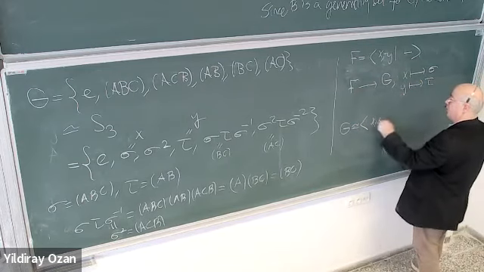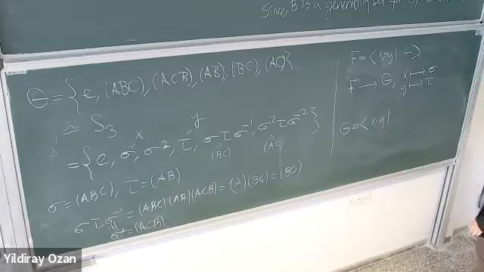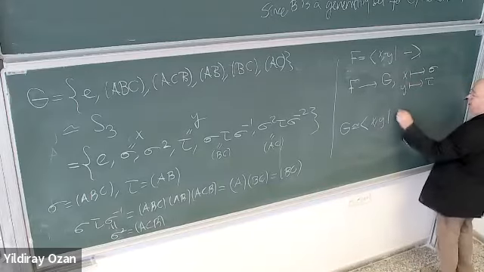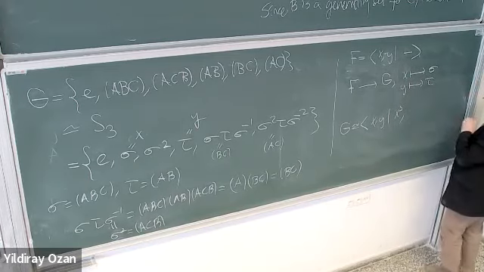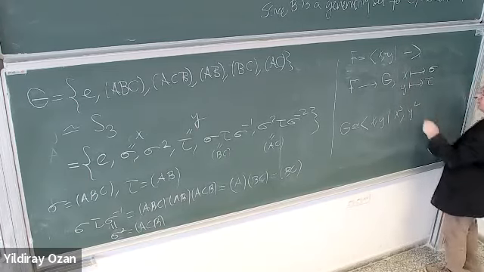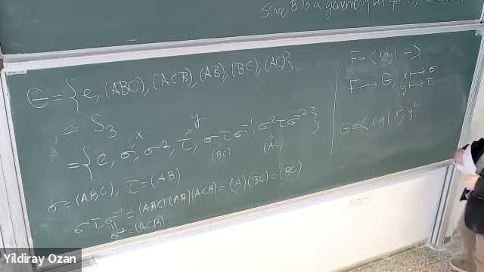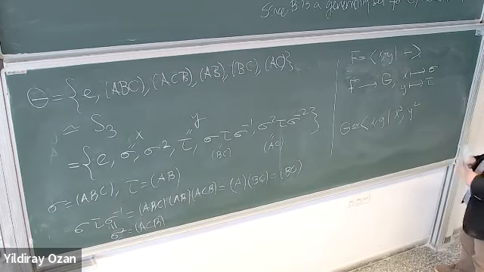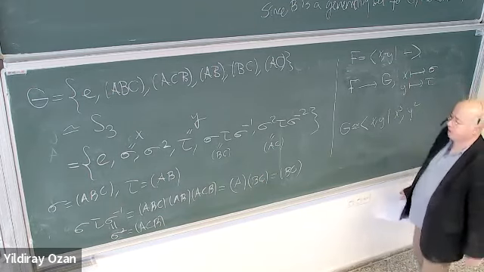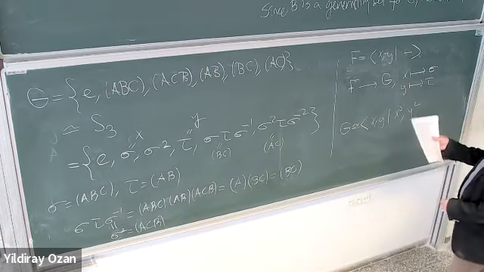It's generated by X and Y, so that X cubed is identity, right? This is in the kernel. Y squared is identity because this is an involution, right? Its square is also trivial. And we have one more relation. What is that?